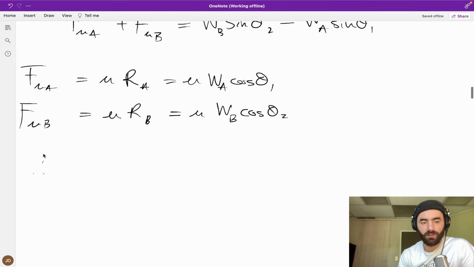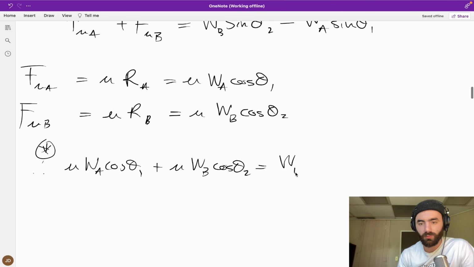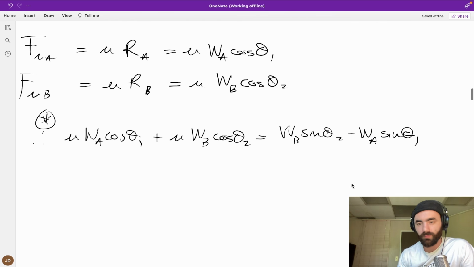So therefore the star equation becomes mu WA cos theta 1 plus, subbing these in, mu WB cos theta 2 equals WB sine of theta 2 minus WA sine of theta 1.